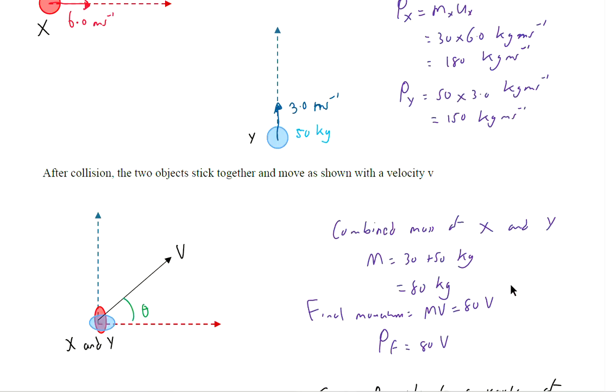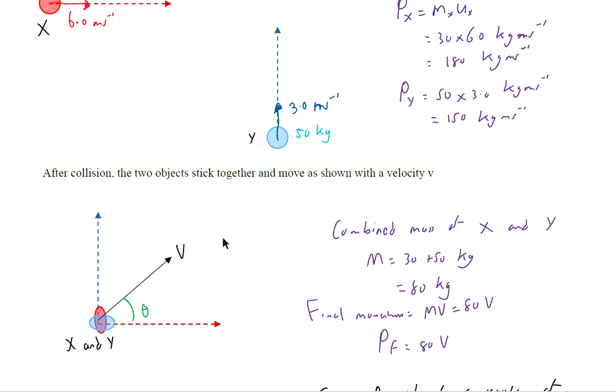After collision now, let's assume that the two objects stick together. Maybe they are magnetic, for example, or maybe they are made of some sticky substance, so they stick together. Imagine two spheres made of plasticine moving, they collide, they can stick together. After collision, the two objects stick together and move as shown.